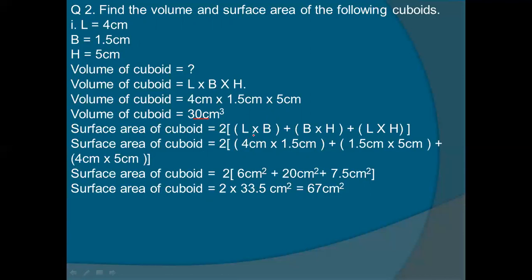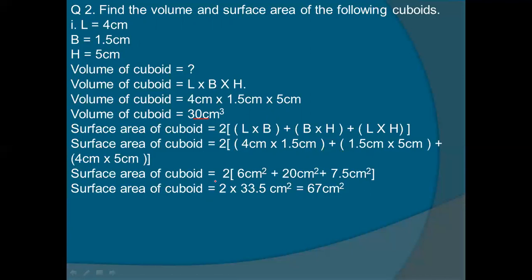We will write the values: length 4 centimeter, and after that breadth 1.5 centimeter, and again here breadth 1.5 centimeter, height 5 centimeter, and in the third, length multiplied by height, 4 centimeter multiplied by 5.